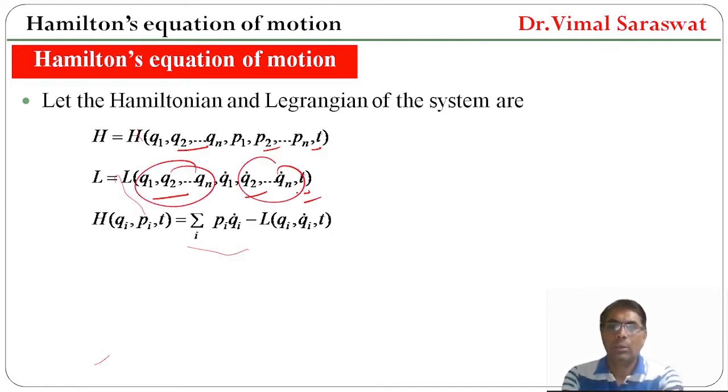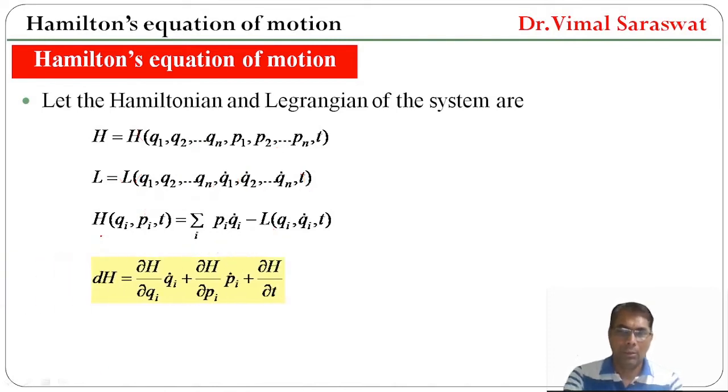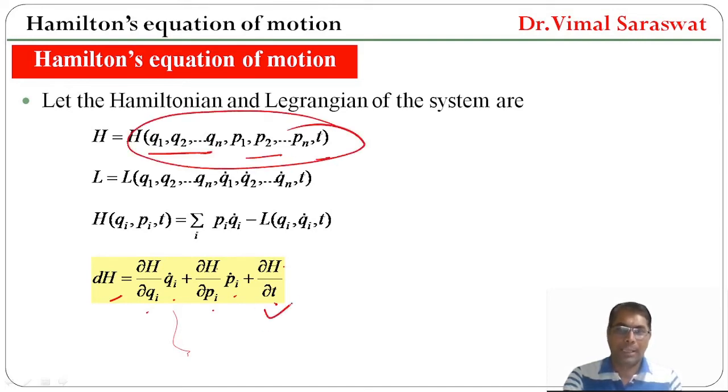And also H is equal to sigma i pi qi dot minus L. Now if we find the total differential of H, then dH is equal to del H upon del qi into qi dot plus del H upon del pi into pi dot plus del H upon del t. Because H is a function of q, p and t, its total differential is given by this.